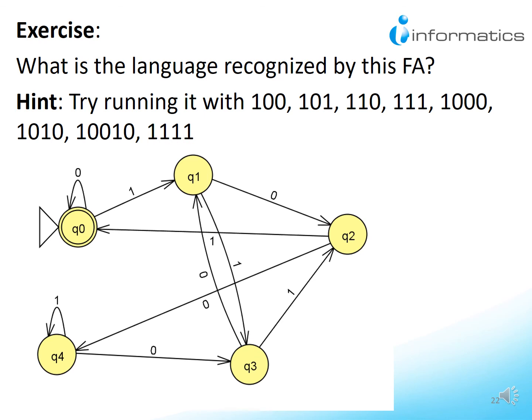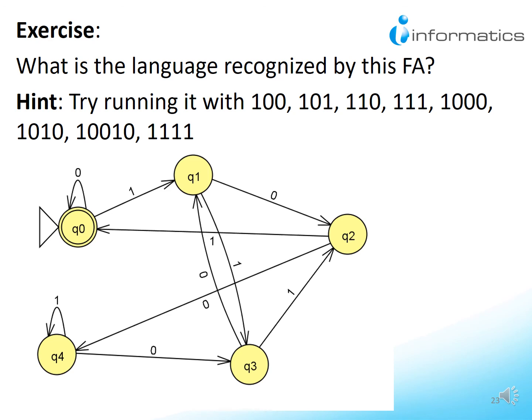Processing 1111, it goes to Q0. And you build a table and try to observe the input and the state it goes to. So the states will be able to classify the input into different categories.